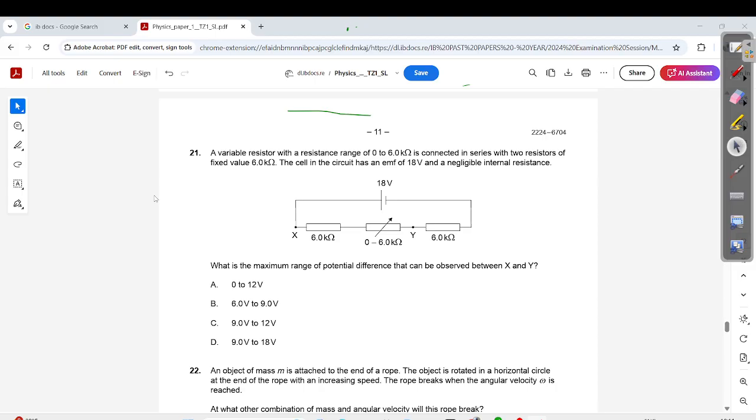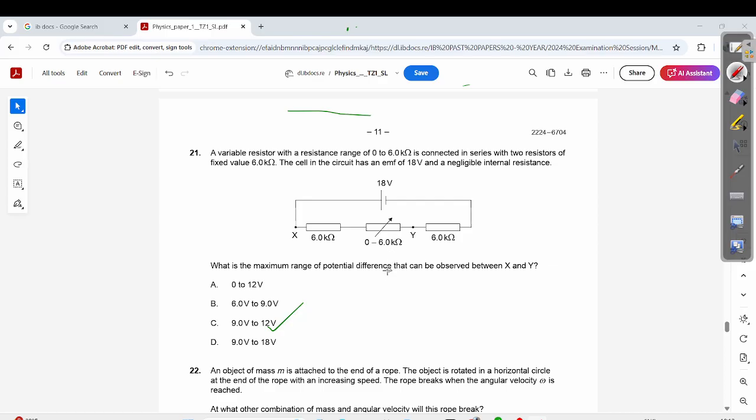Total resistance, as in series... Okay, so the answer for this question is actually 9 to 12 volt. How can we get 9 to 12 volt? Any guess?